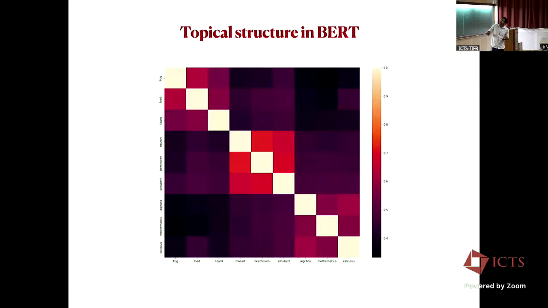Here, these 3 correspond to frog, toad, and lizard, and here it's Beethoven, Mozart, and Schubert. As long as words belong to a specific topic, there is some kind of block encoding happening, meaning the models are capturing a topical structure. This is for some pre-trained models.